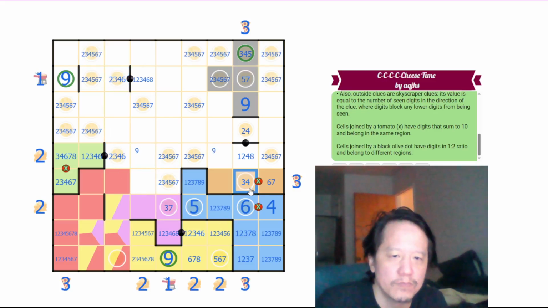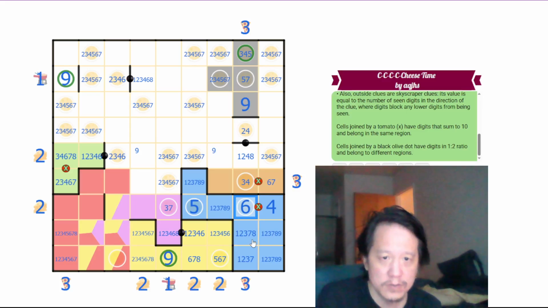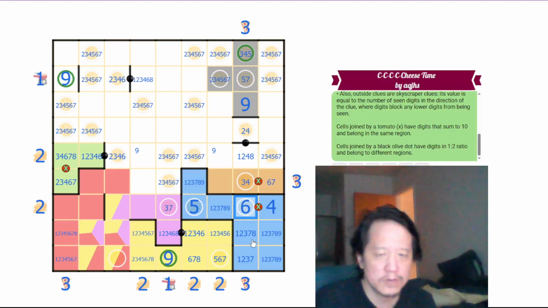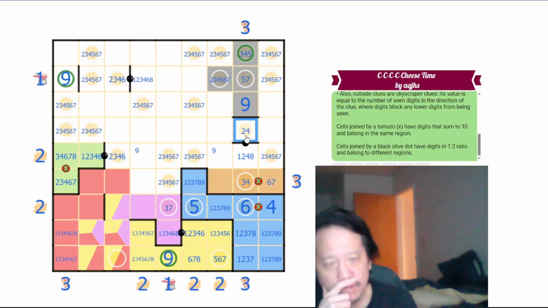We have 5 and 6 here. This could be 2 or it could be 4.